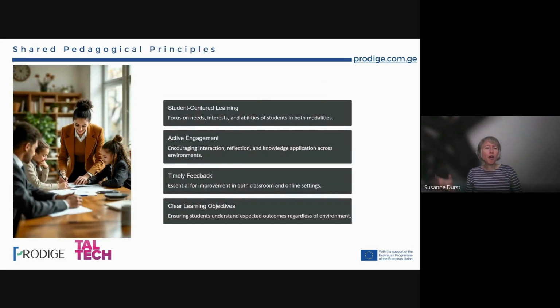Good. From there, we can try to bring together or remind ourselves of the similarities between these two approaches to pedagogy, because we should always remind ourselves that both traditional as well as digital pedagogy is based on certain fundamental principles which are presented here.